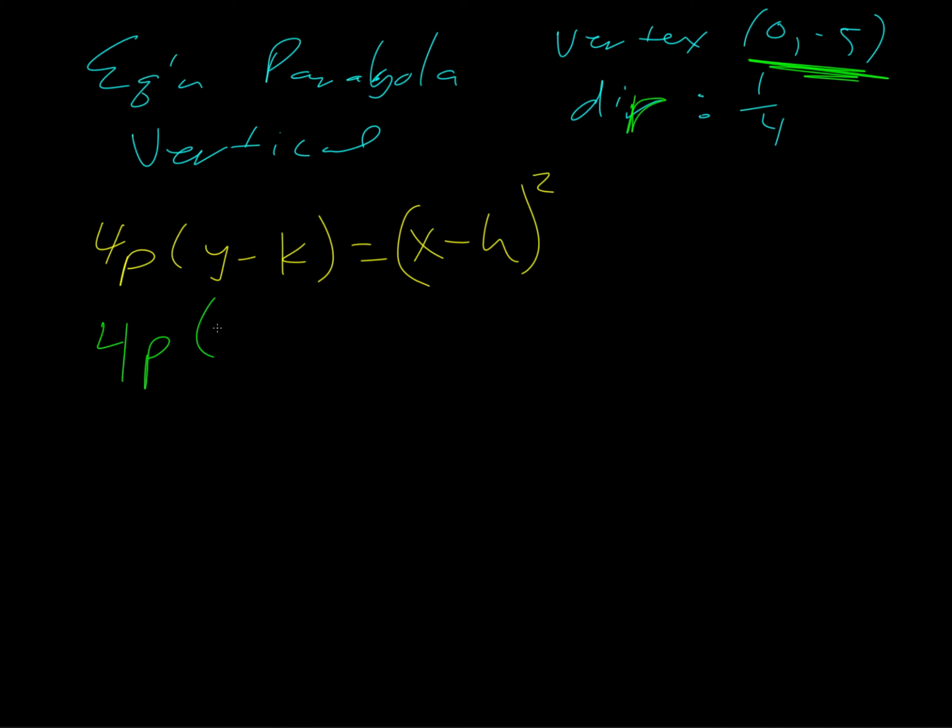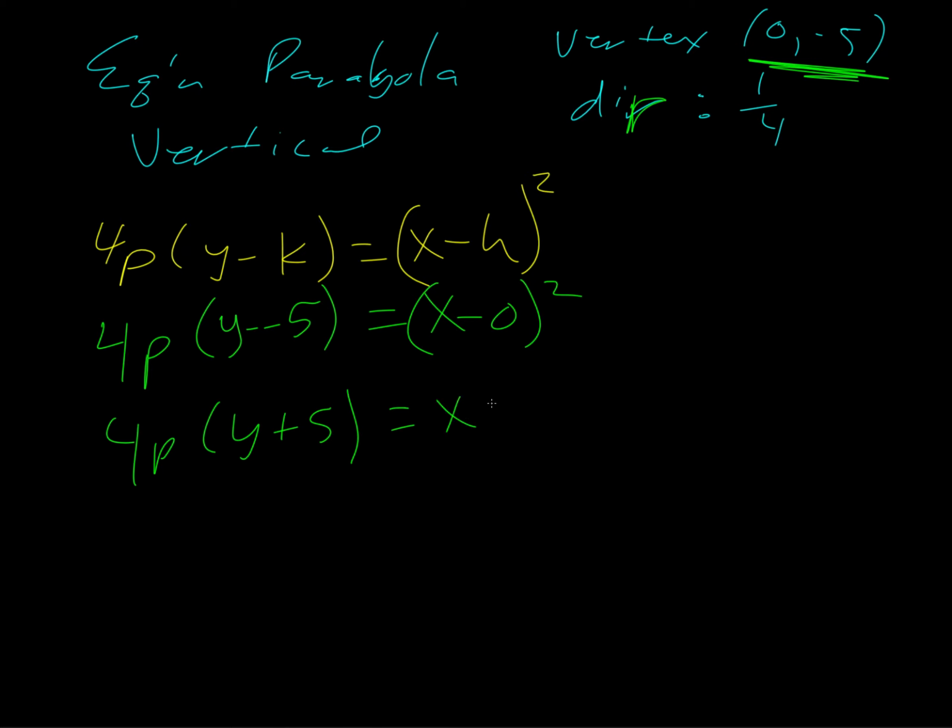Now we're going to get y minus a -5, then x minus 0. And that just becomes 4p times (y plus 5) equals (x minus 0) squared. I'm going to keep the x minus 0 in there, even though we don't absolutely need that.